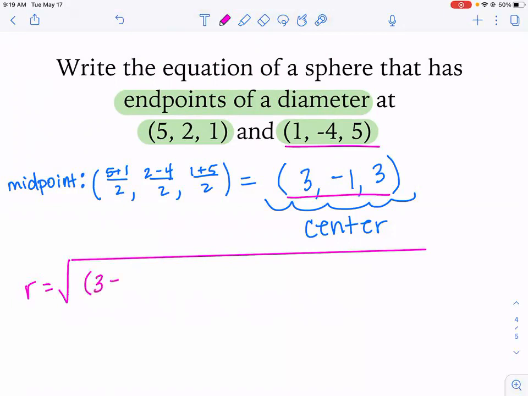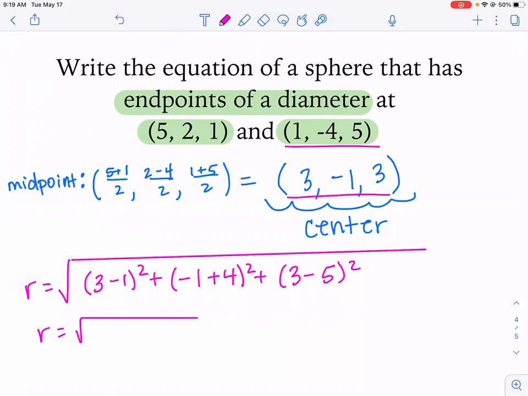So we have 3 minus 1 squared, -1 minus -4 squared, and 3 minus 5 squared. 3 minus 1, the quantity squared. -1 plus 4, the quantity squared. 3 minus 5, the quantity squared.